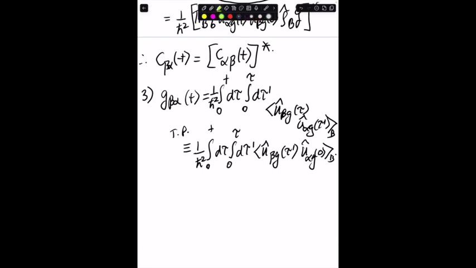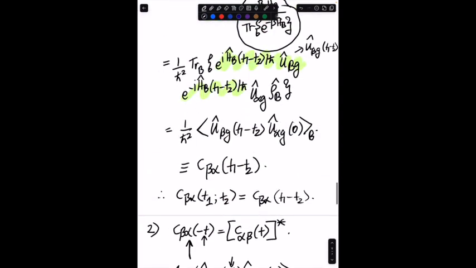So the easy and first step to go about this is to just write this as u hat beta g tau minus tau prime, u hat alpha g 0. This was just proved in our number 1 case.